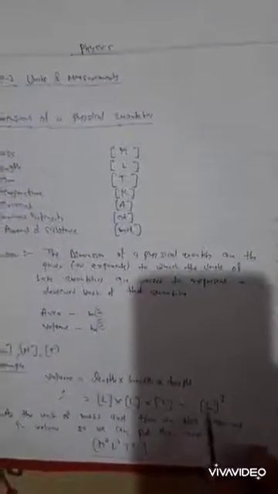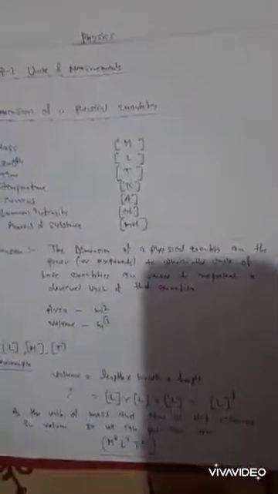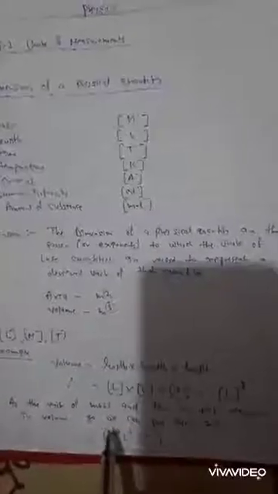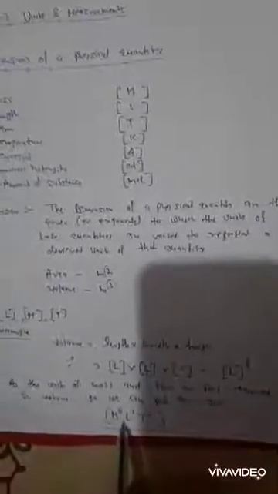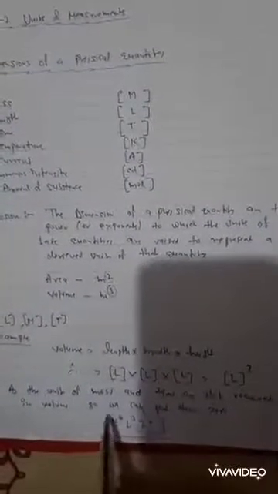That will give you L cube, and this is the dimensional formula, but it is not complete because we also have to put M and T with L. M and T are not required in volume, so we can put 0 there. So we put M0, L cube and T0. This is the complete dimensional formula, and with the dimensional formula we can easily derive the SI unit.